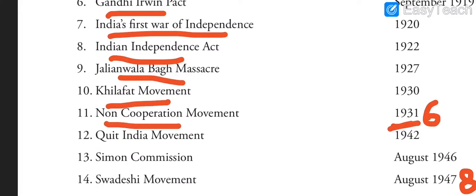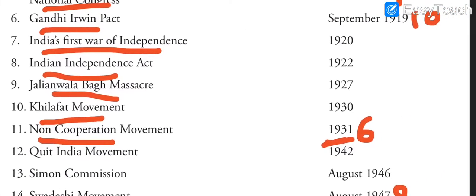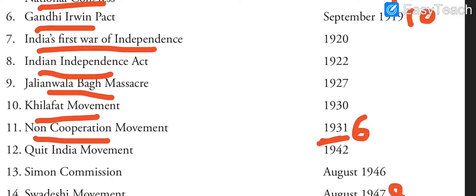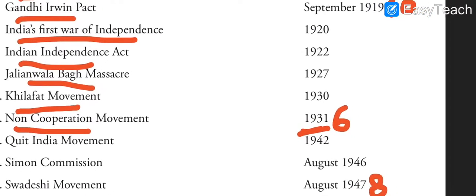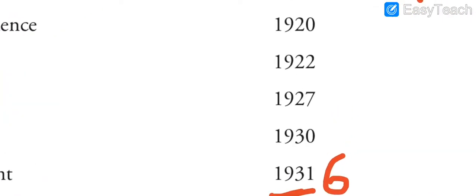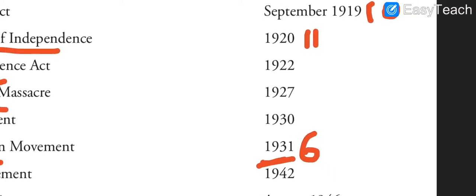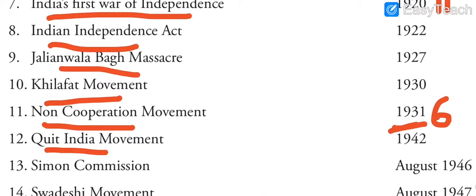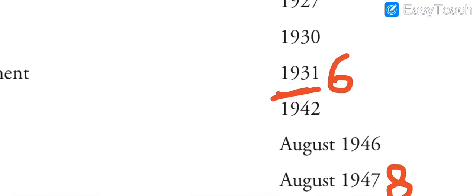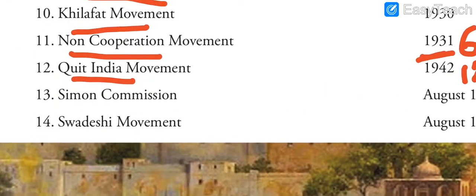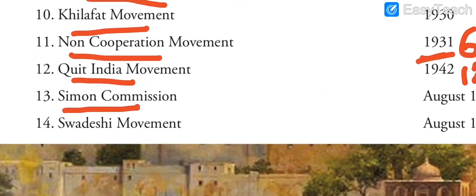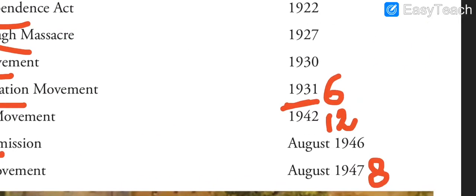Next we have non-cooperation movement. It took place in the year 1920. Next is Quit India movement. Quit India movement took place in the year 1942. Next is Simon Commission. Simon Commission was there in the year 1927.